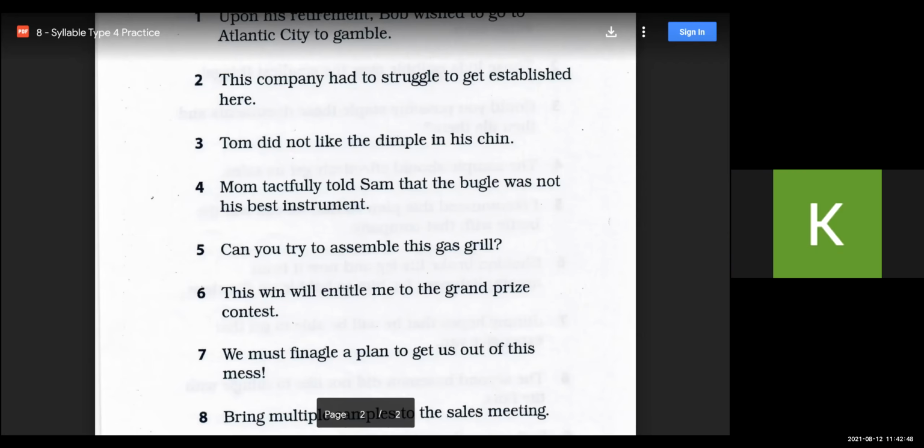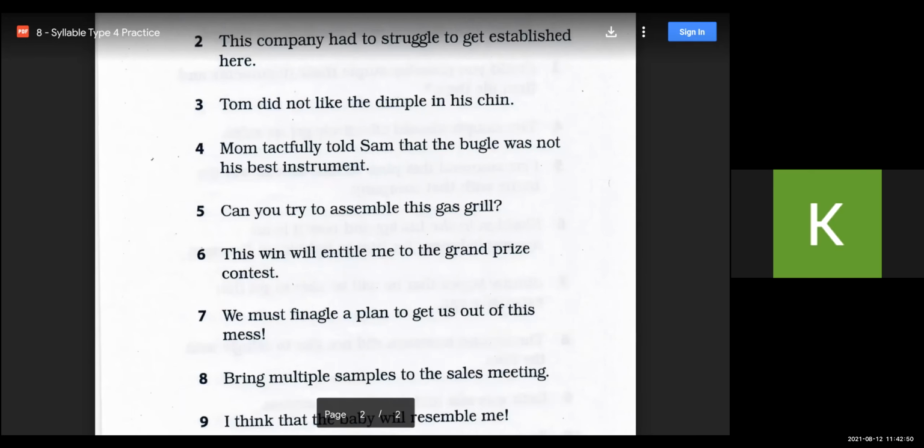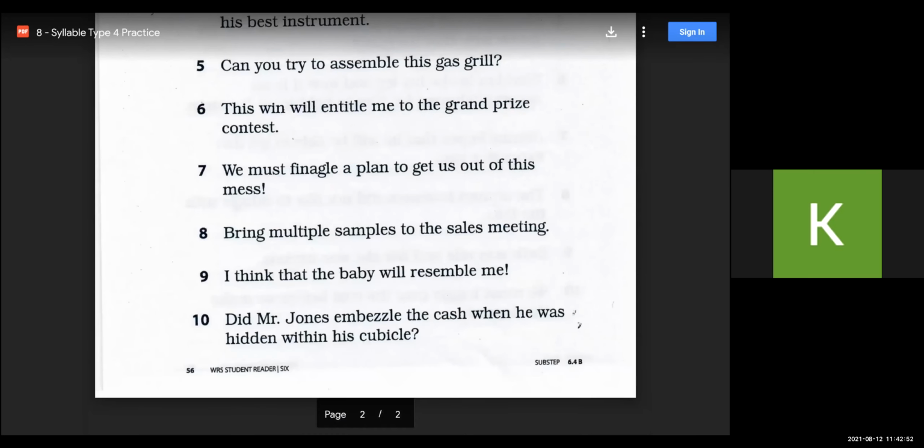Would you like to tell us about your kids? I don't understand, sorry. Alizette, you have kids, yes? No. You don't have kids. Okay, and Arina, would you like to share? I don't know even.